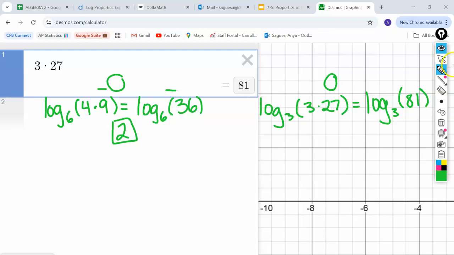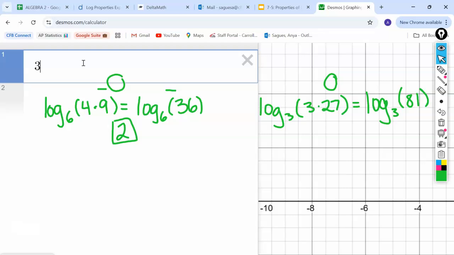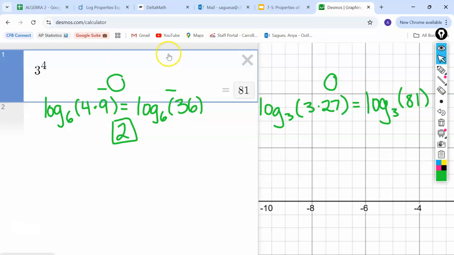And so here I'm checking what power goes on 3 to give me 81. So not 1, not 2, not 3, a power of 4. So therefore my answer is 4.